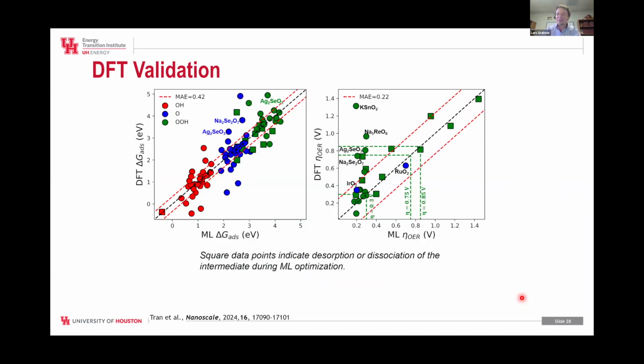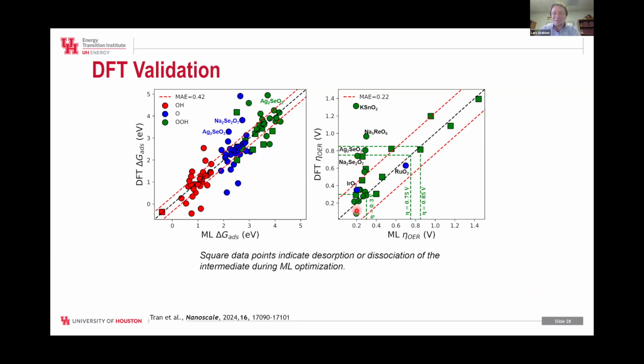Now, we did do a DFT validation, and there is pretty good agreement. There are some outliers or some machine learning predictions that were just simply lucky, I have to admit. After closer inspection, the machine learning prediction should not have worked, but it did.